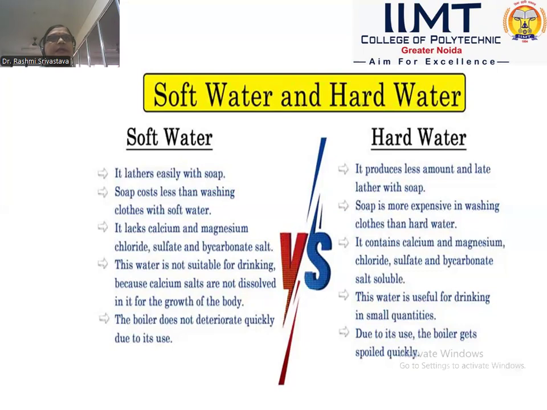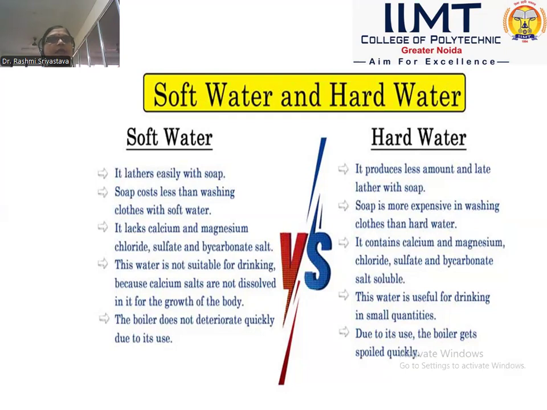Soft water and hard water: as we compare the reaction of soft water and hard water with soap or detergent, or we can say the chemicals, hard water reacts less as compared to soft water.